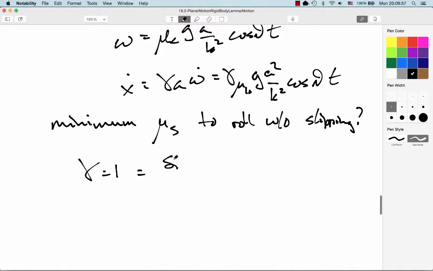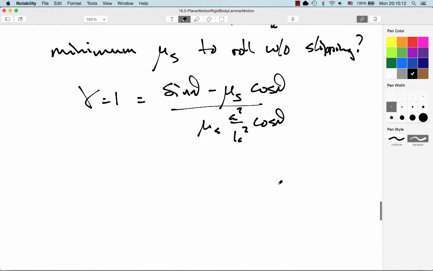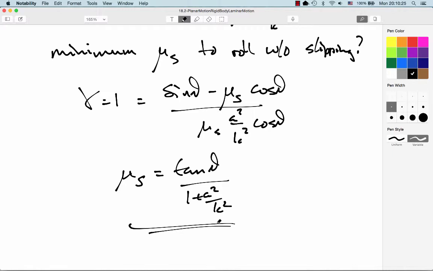That would equal sine theta, now this would be minus mu s rather than mu k cosine theta, over mu s a squared over k squared cosine theta. So we can solve that for mu s. That'll equal the tangent of theta over 1 plus a squared over k squared. Cool.